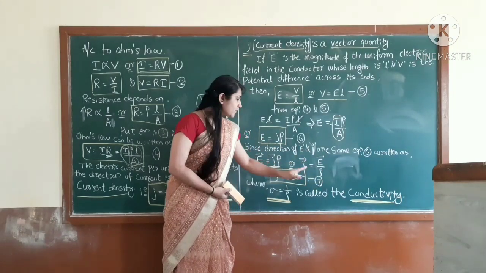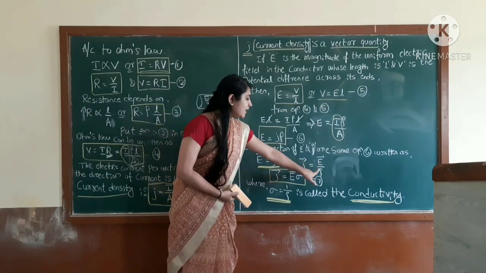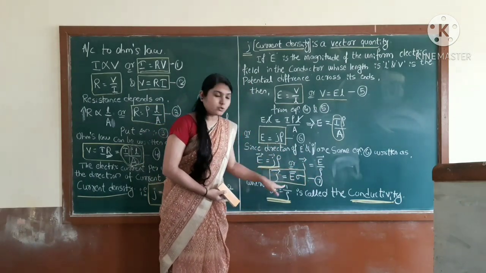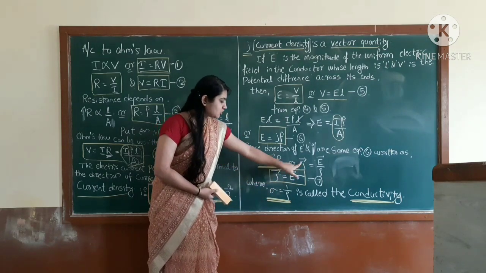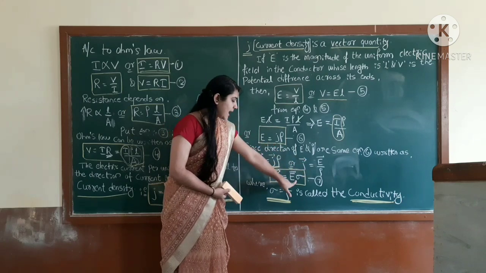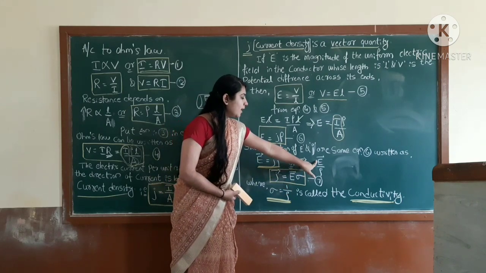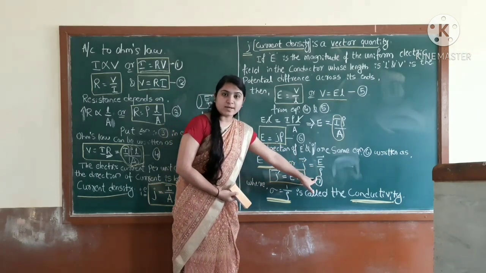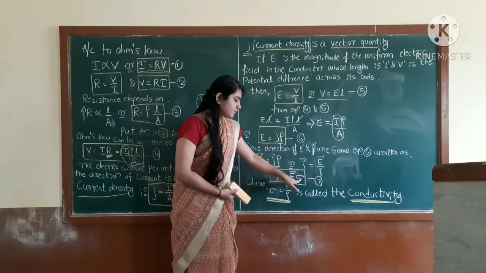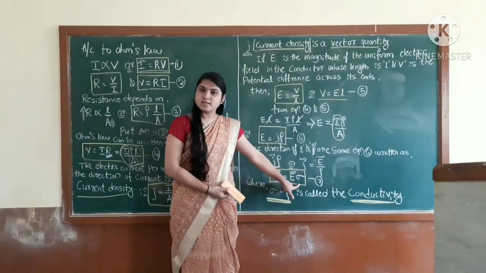So this E divided by rho is this equation. Now I am going to write J as it is, with the direction, equal to E as it is, but 1 by rho is nothing but sigma, the conductivity.